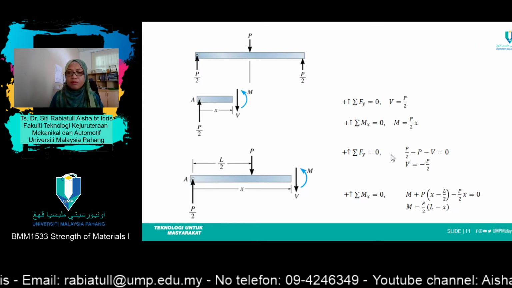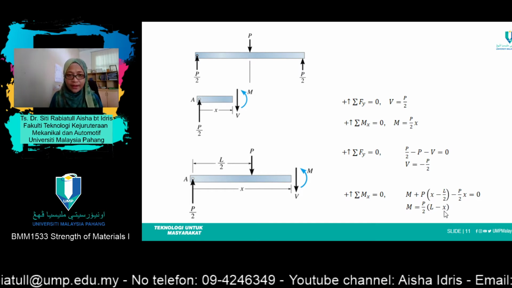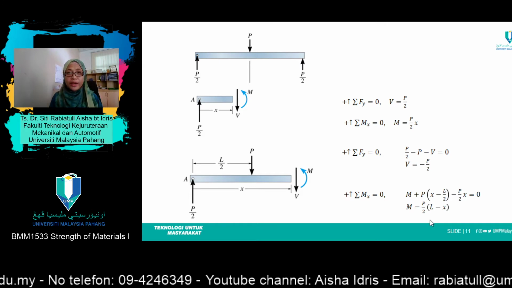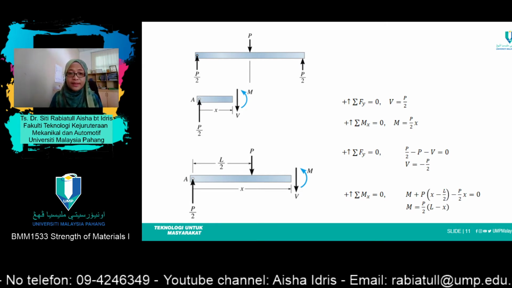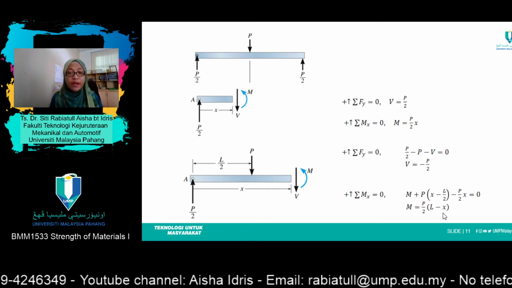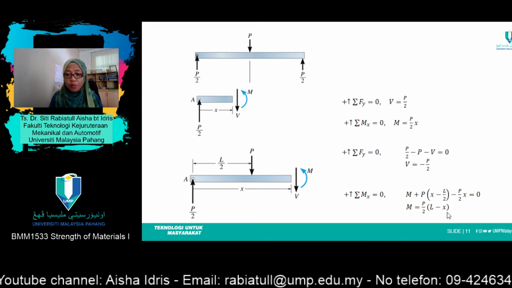Alright, now move on to moment. Moment here has the value of x, which means this is the same as y equals mx plus c, which is a linear graph. So you need to include the value of x in there.